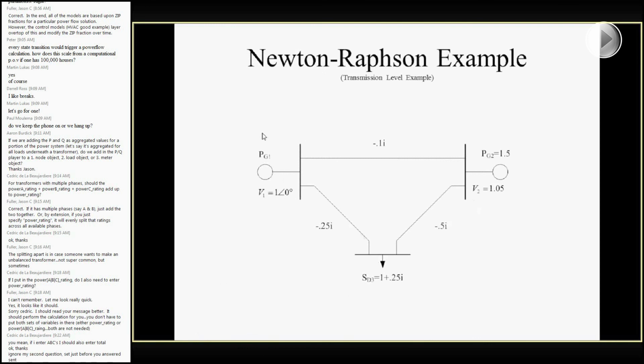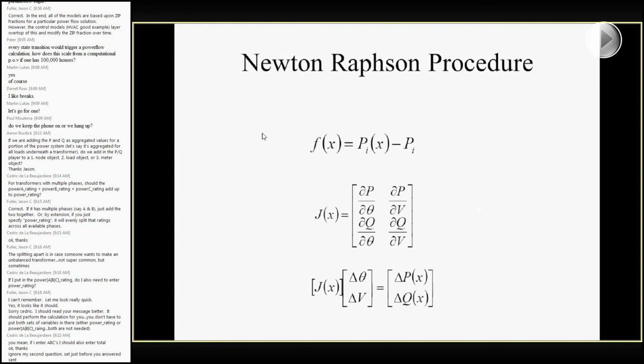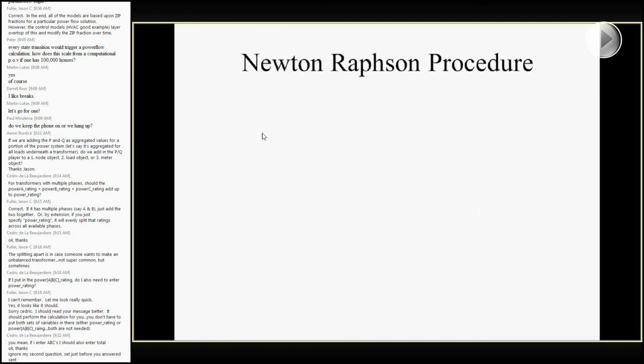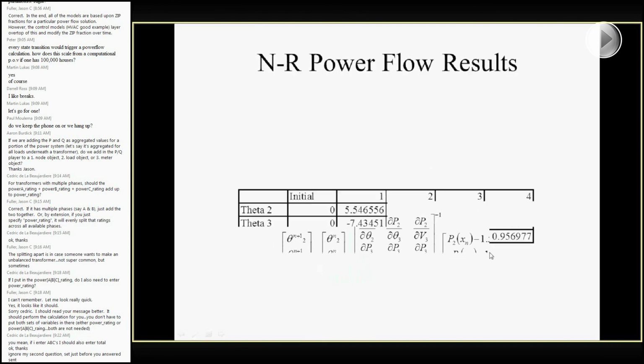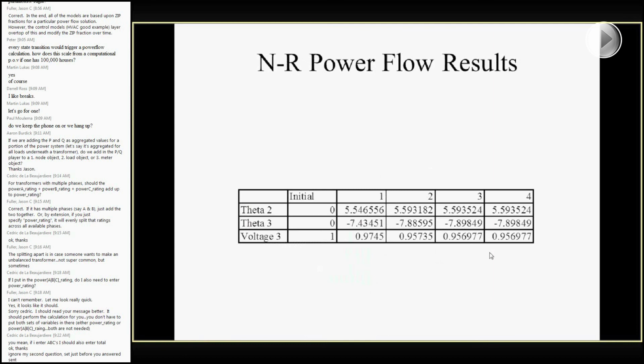So if we did just a simple transmission example with a 3-node system, you go through all of your various steps, just basically get your initial voltage, your Jacobian, and then whatever the power difference or the power injections are at those nodes, and then get your updated voltage value, and keep doing that several times until you eventually end up with a final solution.